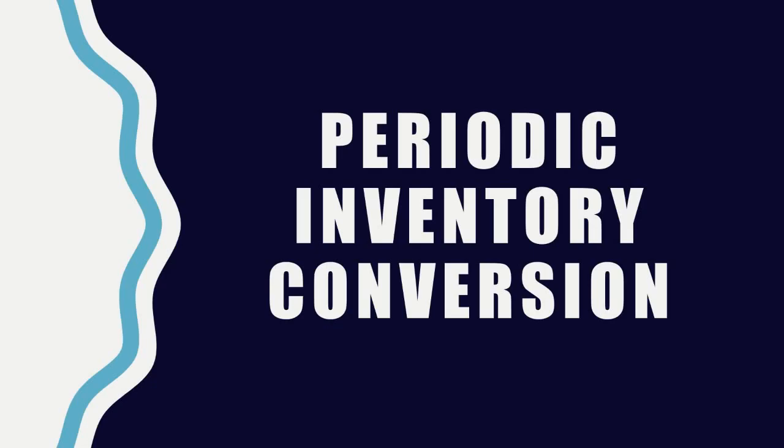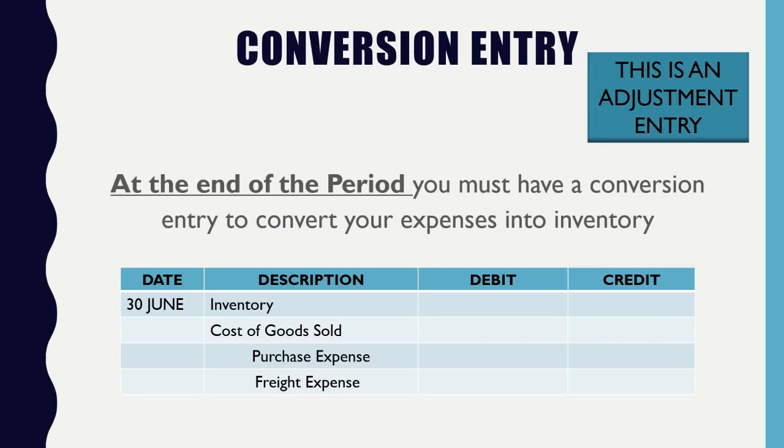So we also talked very briefly about periodic inventory. If we recognize all of our inventory items as expenses, now that you know how much inventory you have available, and of course you sold some along the way, you need to create what's called a conversion entry.